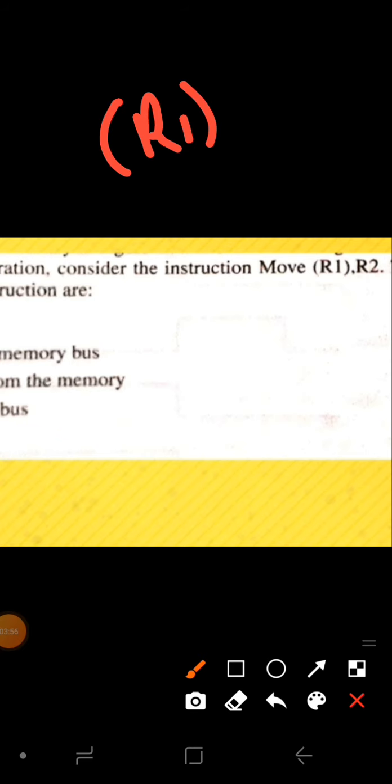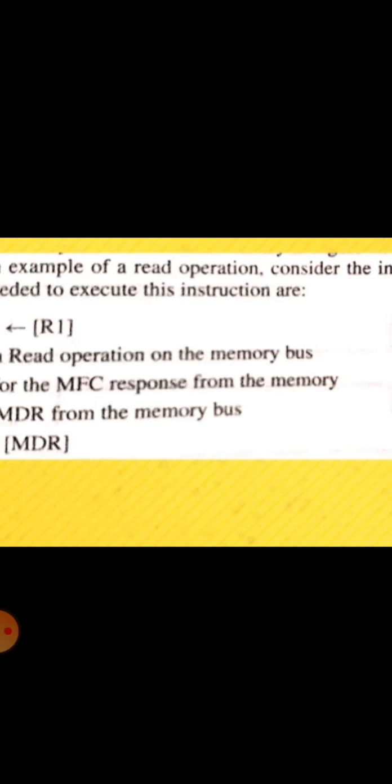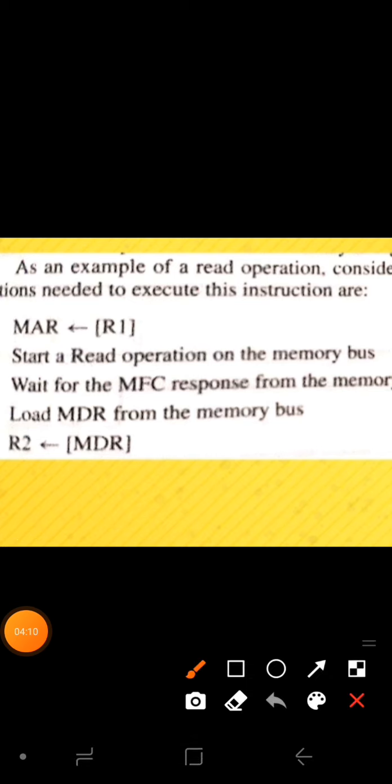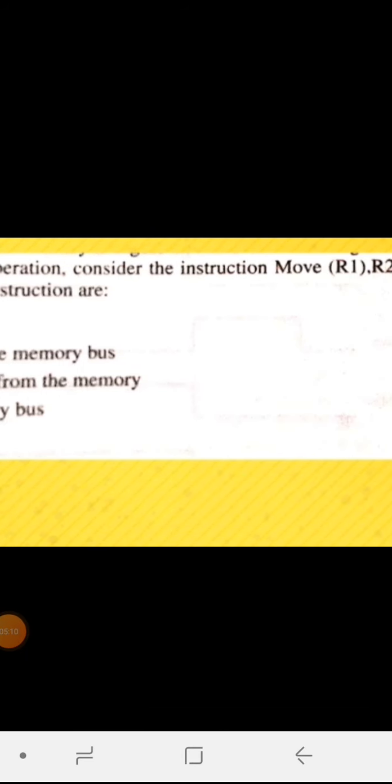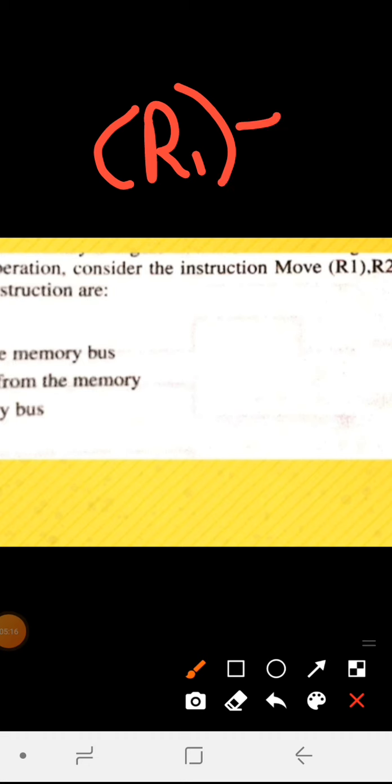So first we need the address, right? That address has to be stored in the MAR, nothing but the memory address register. Then we have to read the data and send the data to R2. So the first step is the address. What we are doing here is moving the content present in the memory location pointed to by R1 to R2, right?